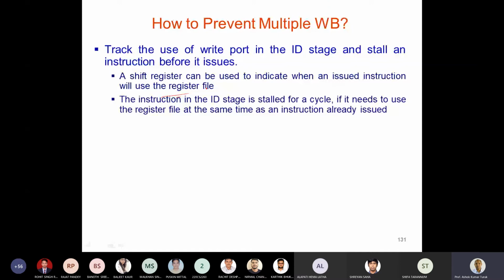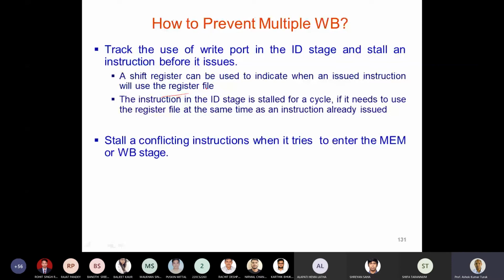So you can prevent the structural hazard. Now, this is one way you can do it. Preventing the write back conflict can be done by checking at the instruction decode stage for a conflict for register write. Then if a conflict takes place, you stall it, that is, stop issuing the instruction.